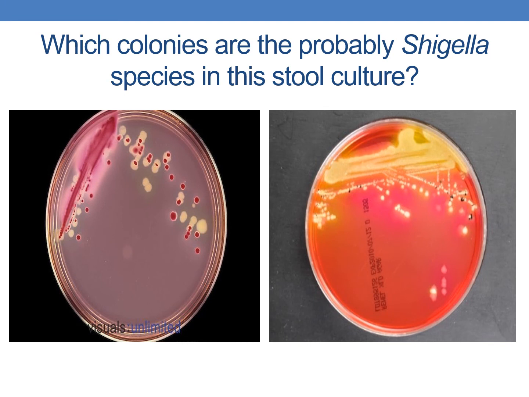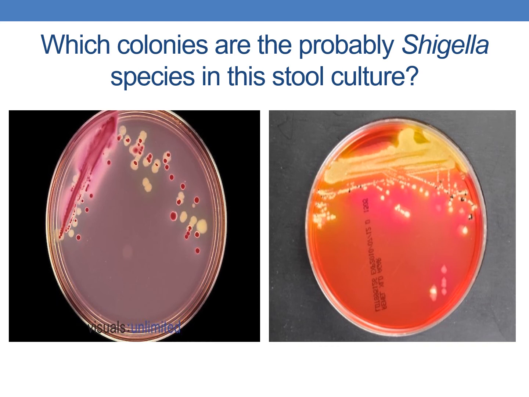Here we have an example of a MacConkey agar and an example of XLD. You can probably start to figure out which are the Shigella species based on what they look like on those plates. So if you look at the plate on the left, this is a MacConkey plate, and you can see there's pink colonies and then colorless colonies. The pink colonies are probably normal flora, like maybe an E. coli or a Citrobacter, and you can see that the colorless colonies are likely to be your Shigella because they are lactose sucrose non-fermenters.